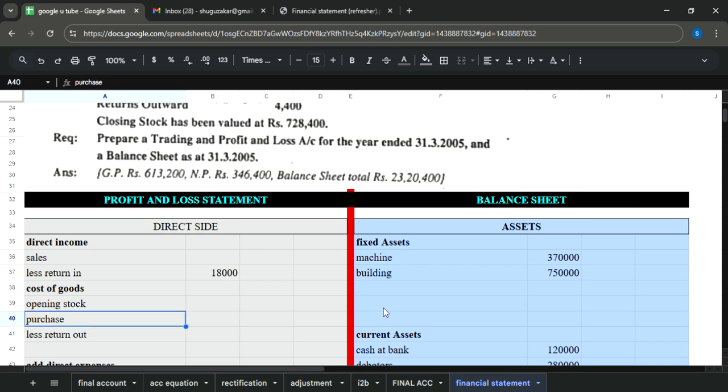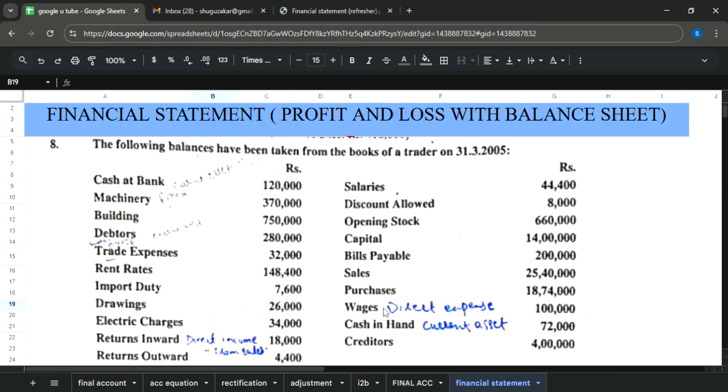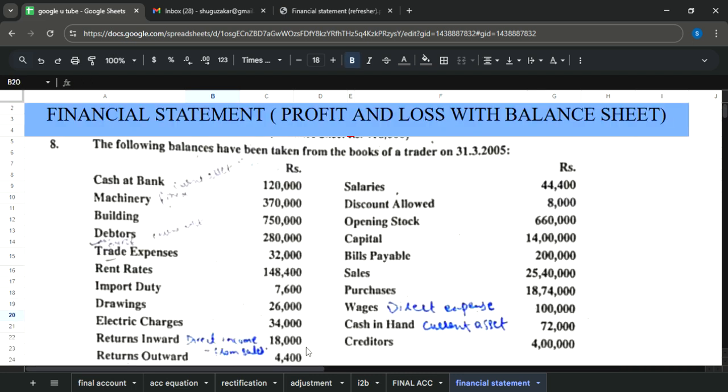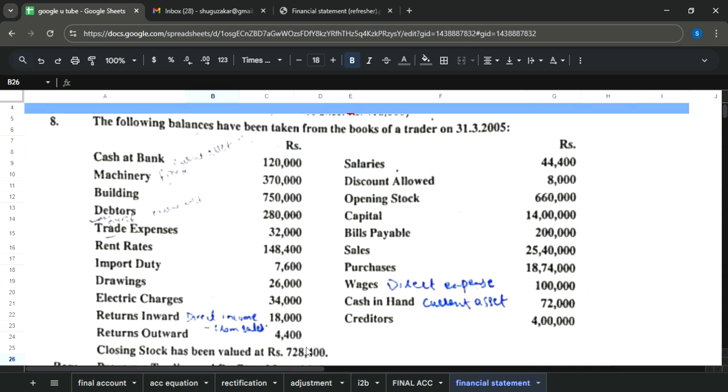In purchase, as you know, purchase would be added. Right now we are concerned with purchase return or return out, amount of which is 4400. Okay, return out is ended, and let's see what next is.